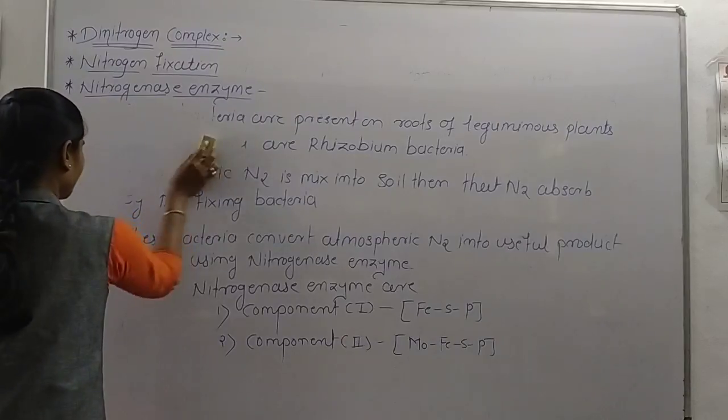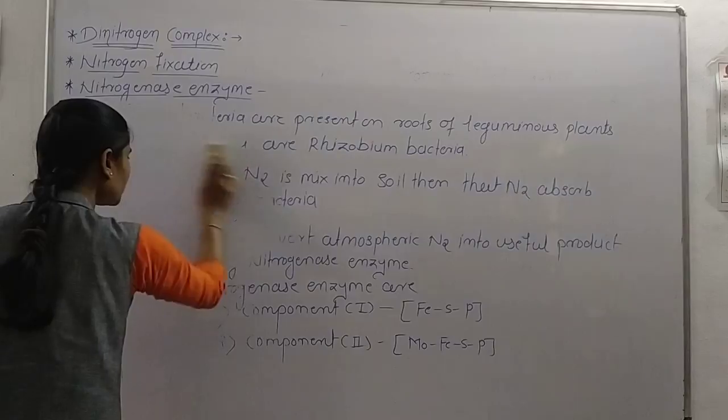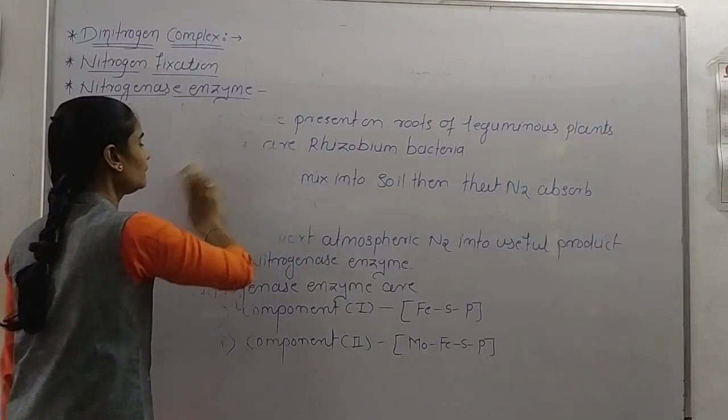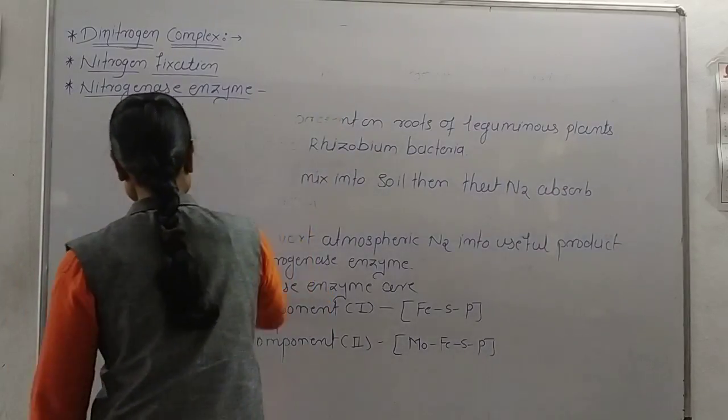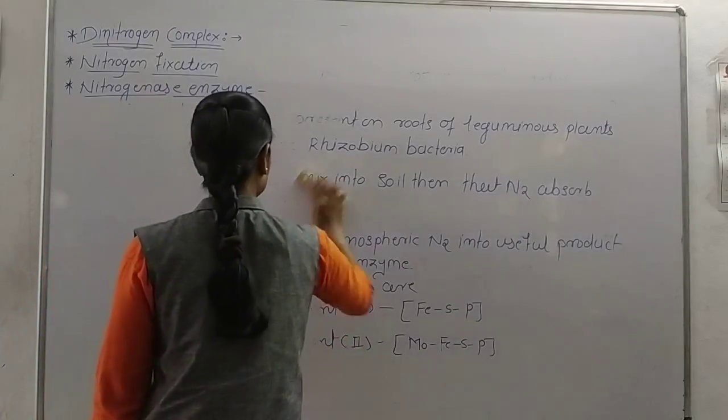Now next, there is a cycle through which atmospheric nitrogen is converted into a useful product.